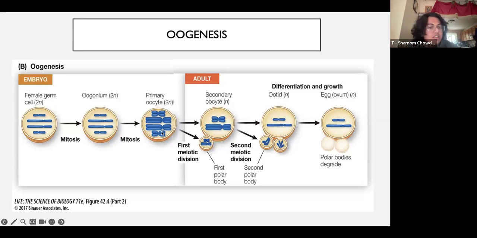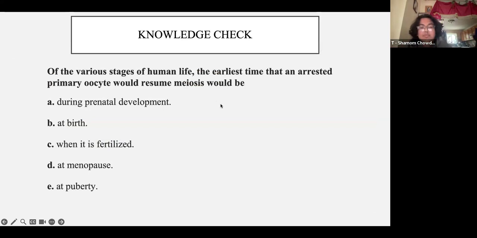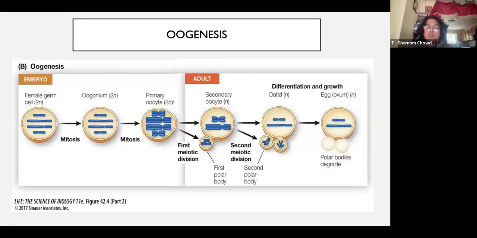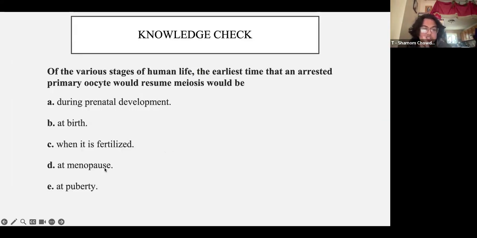So the primary oocyte cannot get fertilized. Brandon was correct that the answer was E, at puberty, because at puberty, female oocytes would start undergoing meiosis to help produce eggs. So Brandon was right that the correct answer is E.